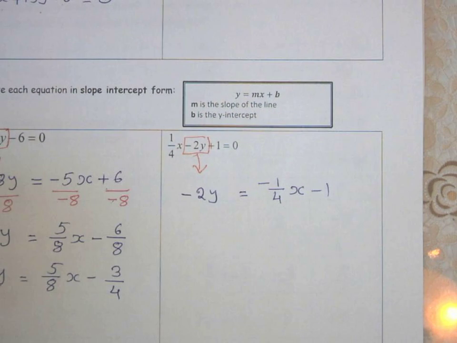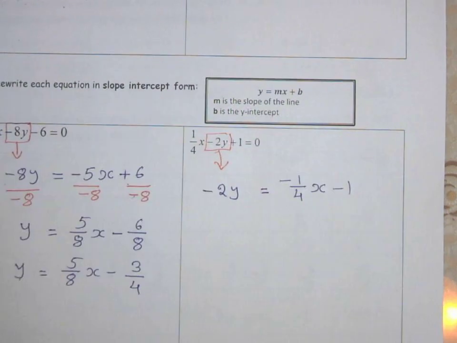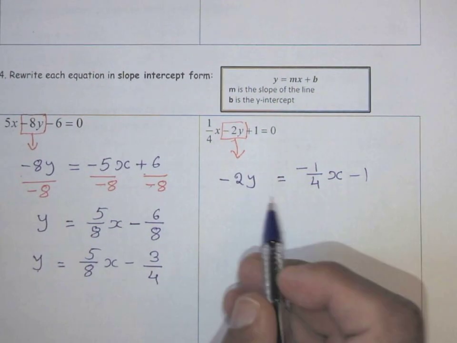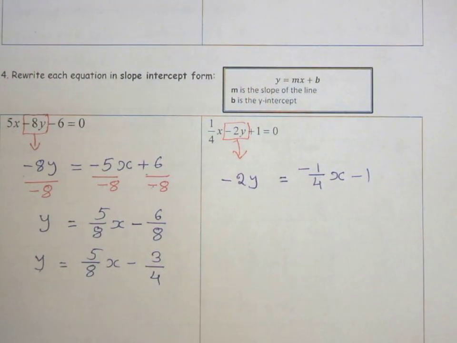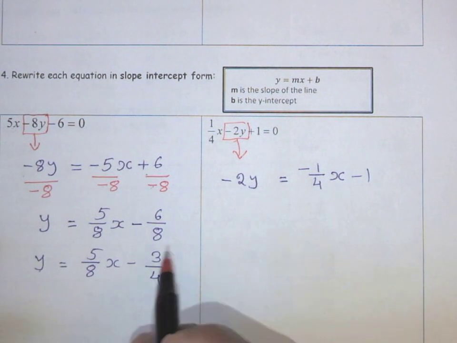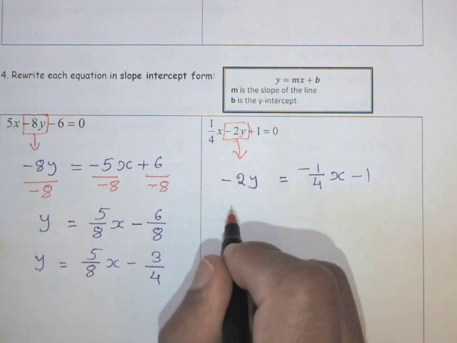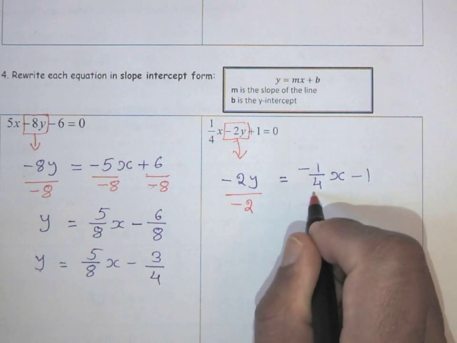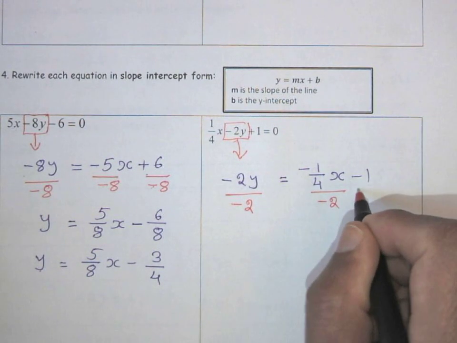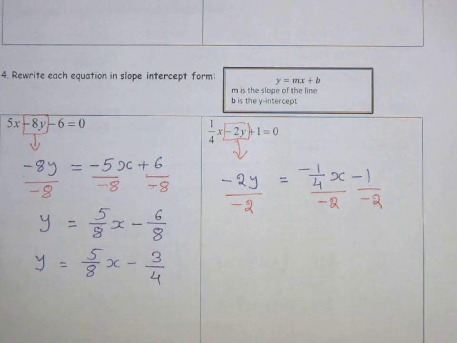So here there is another issue: there is a negative 2 there. How do we isolate that y? How do we get rid of that negative 2? The same way as before, you divide throughout the equation by negative 2, and here also by negative 2.